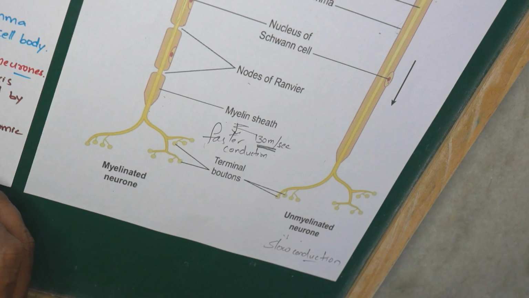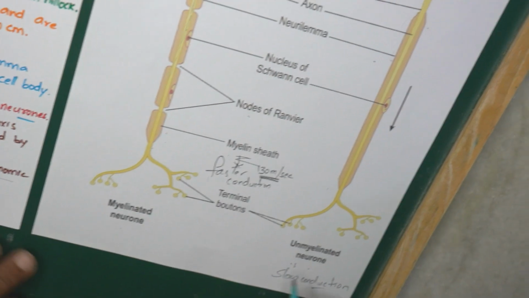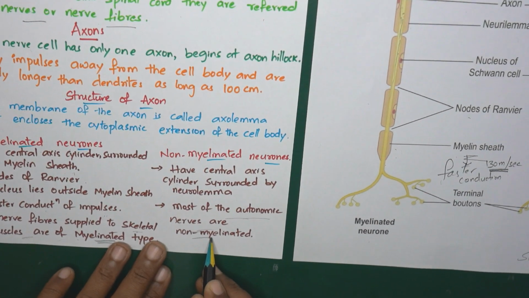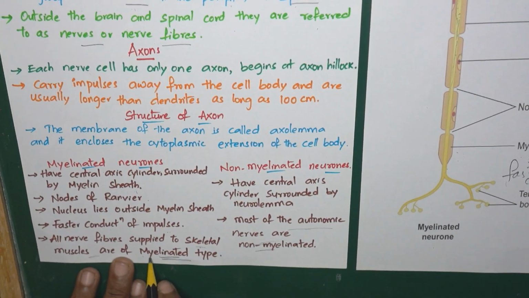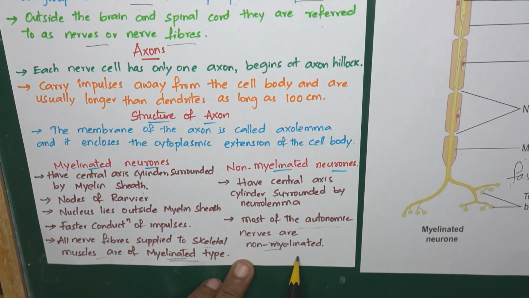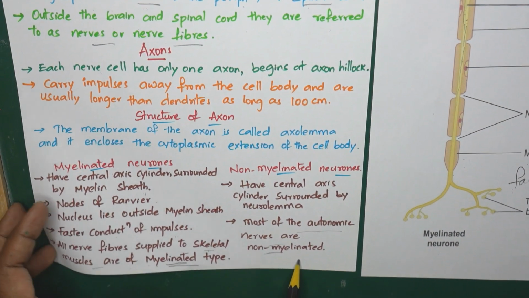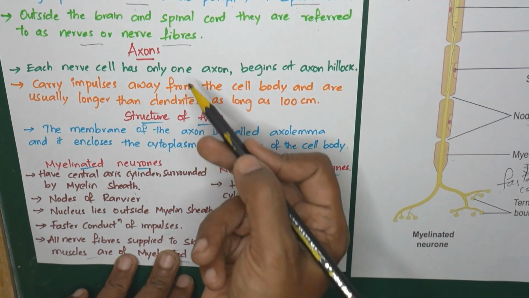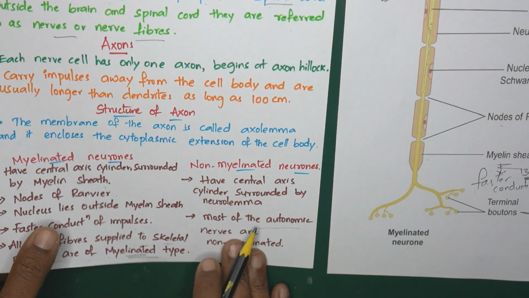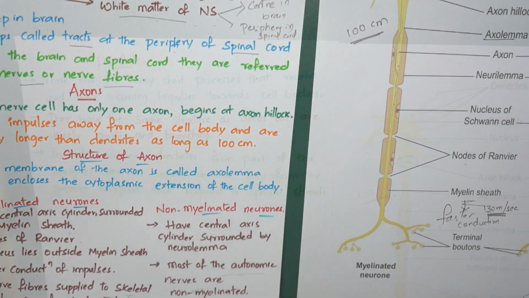Most of the autonomic nerves are non-myelinated. Most of the skeletal muscles are myelinated for the faster conduction. Okay, this is about the axons, the structure of the axon, and the myelinated and non-myelinated neurons.